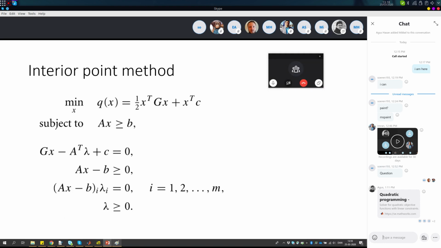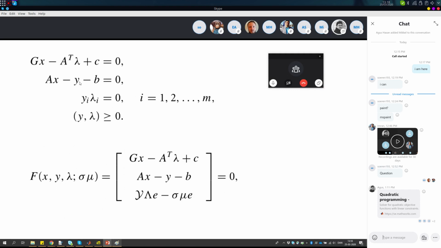In this case you introduce this slack variable, so the inequality becomes equality, and then you write it into a system of nonlinear equations, and then you can run your algorithm, your Newton method, basically. Okay, so that is the idea. So it's the same as the interior point method for linear programming.